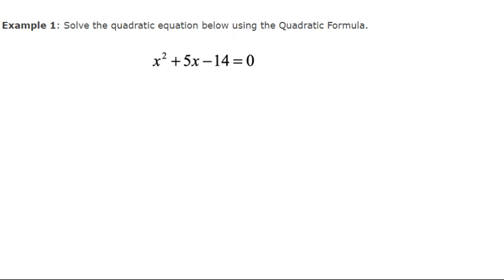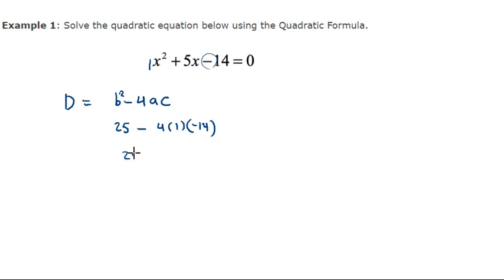So we can directly find the discriminant, which equals b squared minus 4ac. Now b squared is 5 squared, which is 25, minus 4 multiplied by 1 multiplied by minus 14, and don't forget the sign.